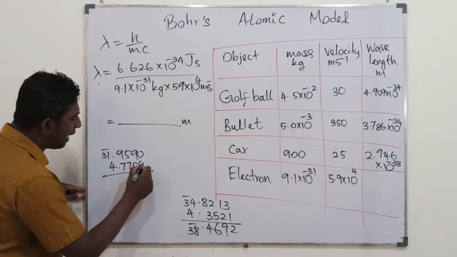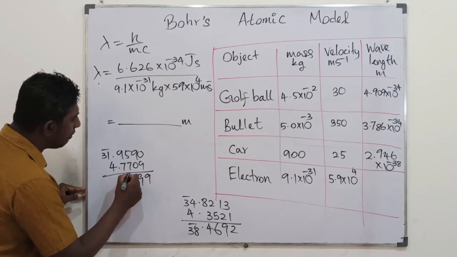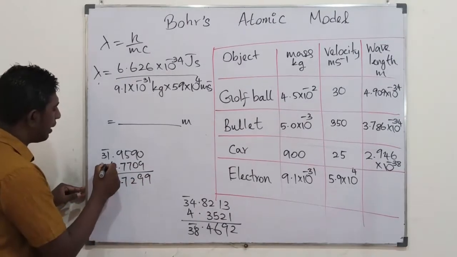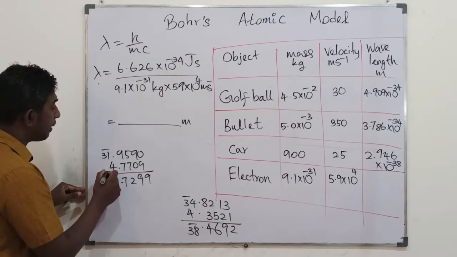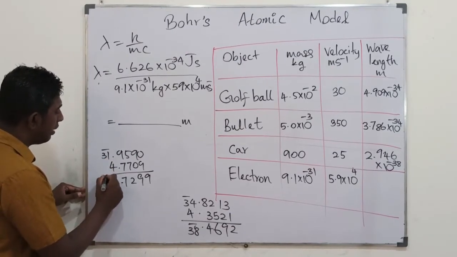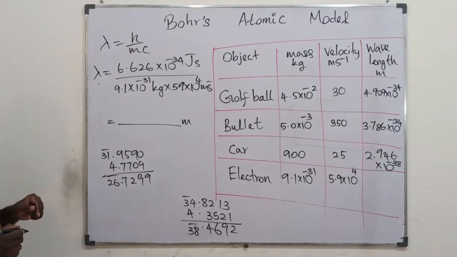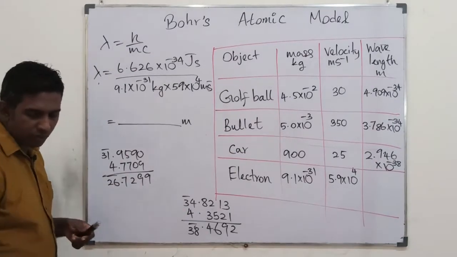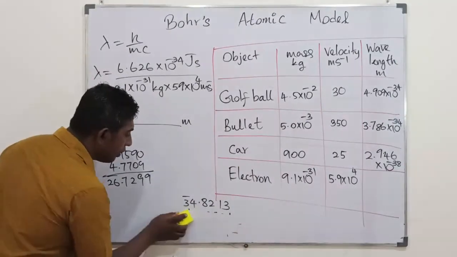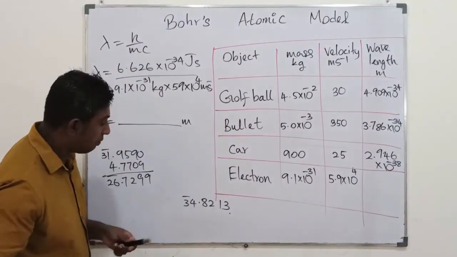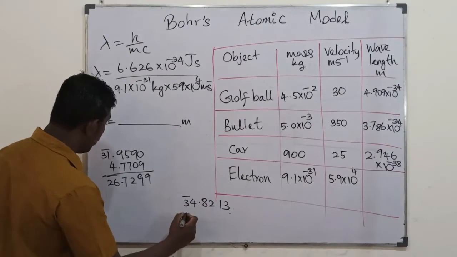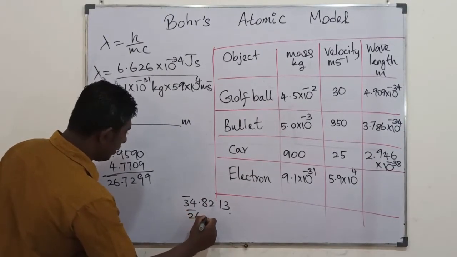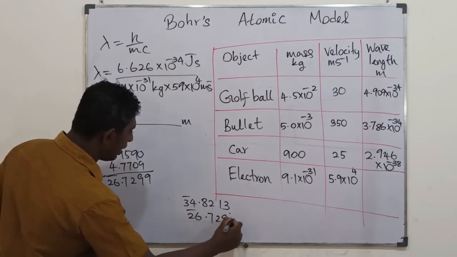7709. I'm going to add them up. 9, 9, 12. It's 17. When you add 5 here, you need to subtract. It's 26. Bar 26 is the answer there. So then you need to write it here. You need to subtract it. This is the constant value. So it is bar 26, 7299.